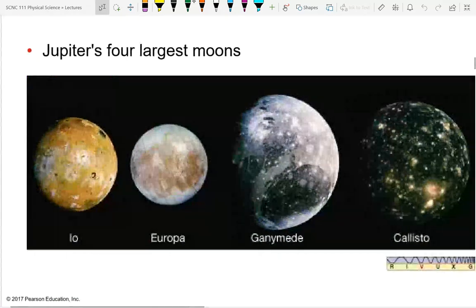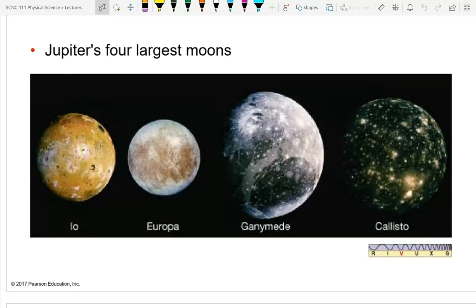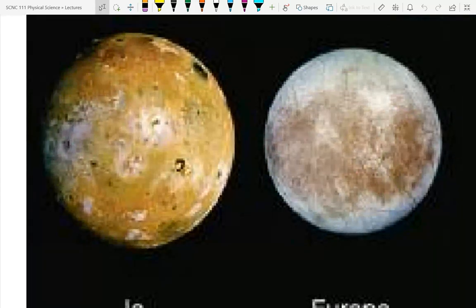Here are pictures, and now we can see the proper order. Io, Europa, Ganymede, and Callisto is the proper order. And if you look at Io, you see, wow, that looks kind of like a rotten egg. And if you were to smell it, it would smell like a rotten egg too, because of all the sulfur and stuff.